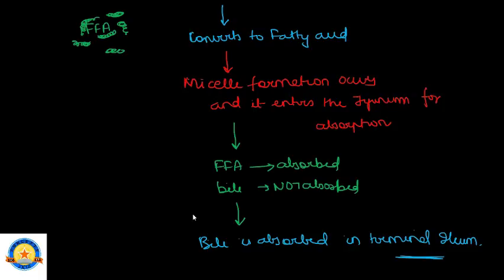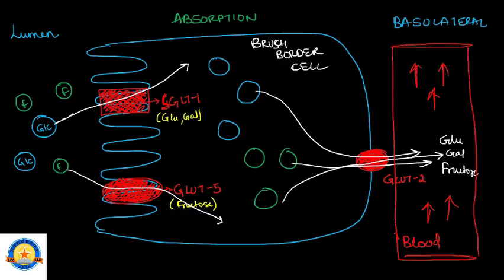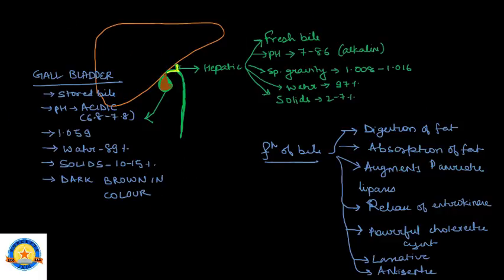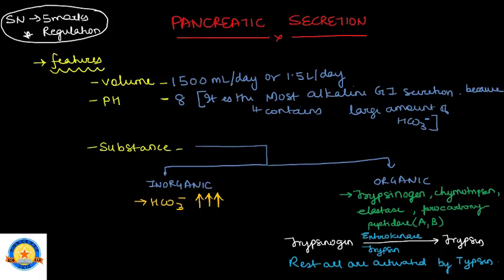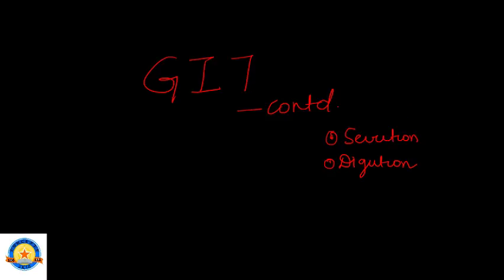So, okay, we have dealt with digestion part completely. So today what all we have done, let's see. We have started with GIT secretions. Secretions, is it done? Yes, we have completed secretion.